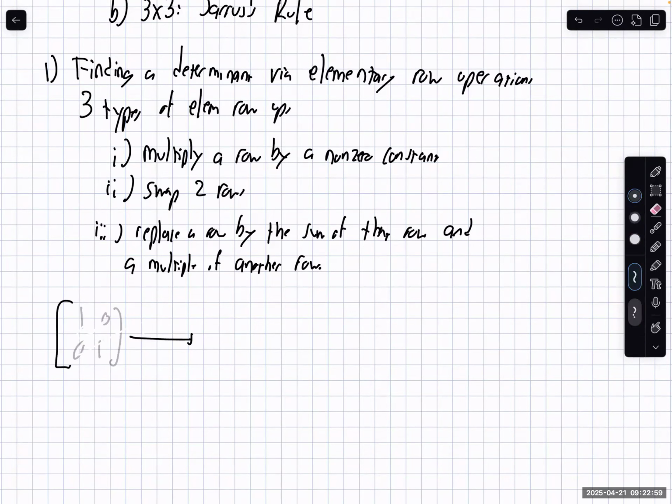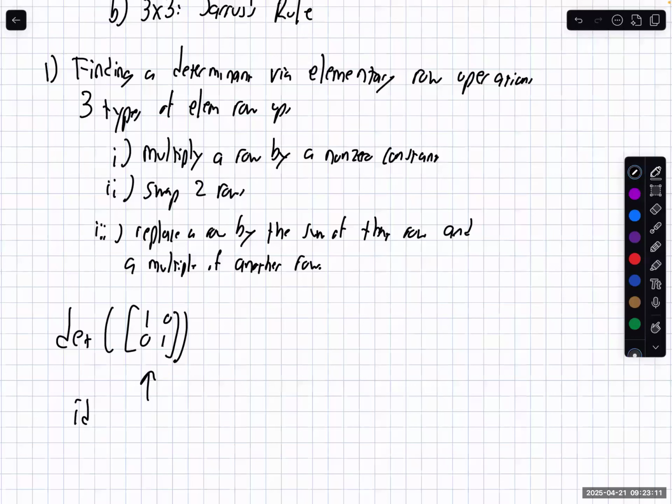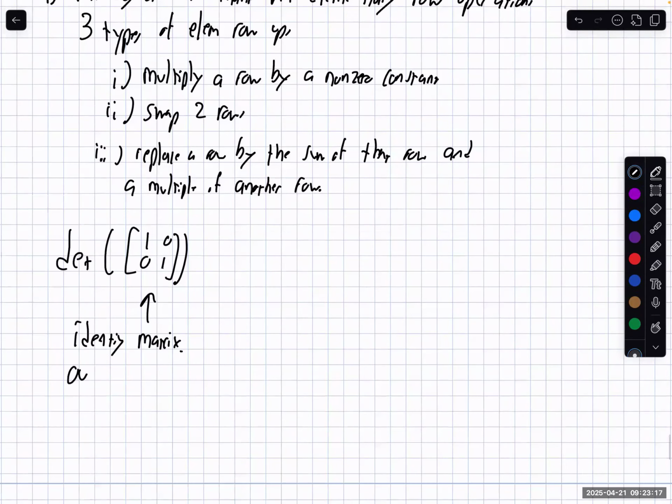Let's back up. So remember, this was the identity matrix, where whatever input you give to this matrix, the output is the same. It just doesn't change its input.